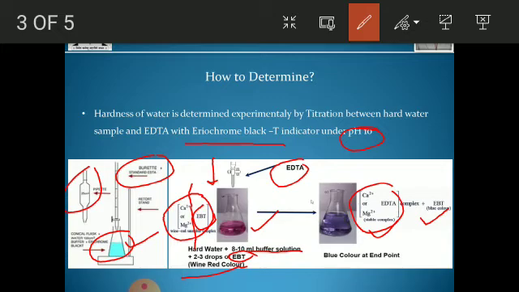The permanent complex of calcium and magnesium with EDTA is colorless, and the original color of this indicator is blue. So when all the metal ions get complexed with EDTA, since the complex is colorless, the color of the solution will be the color of EBT, that is the blue color.